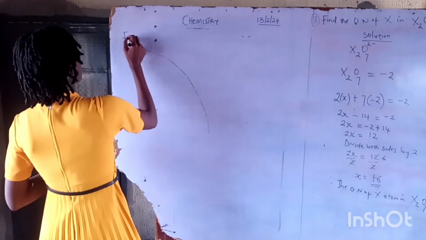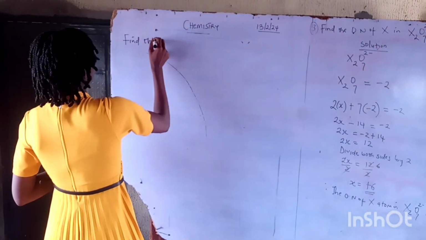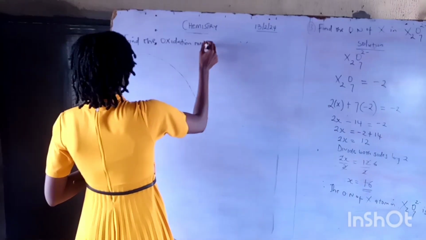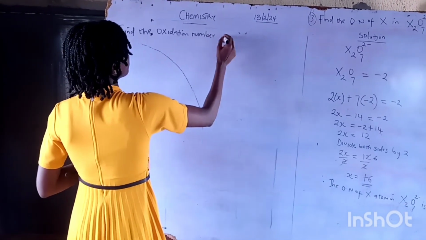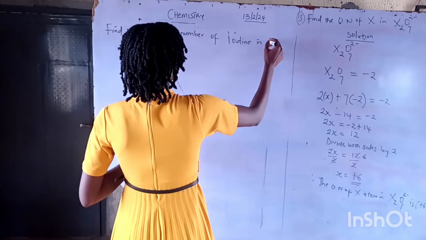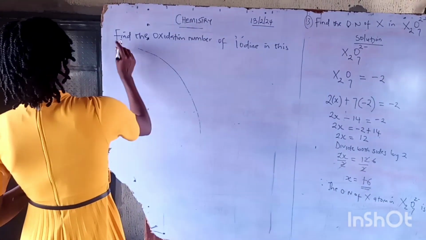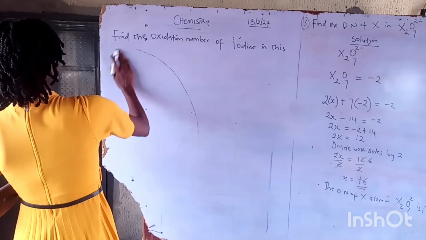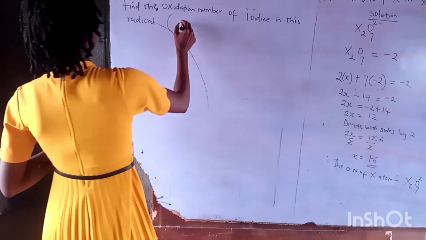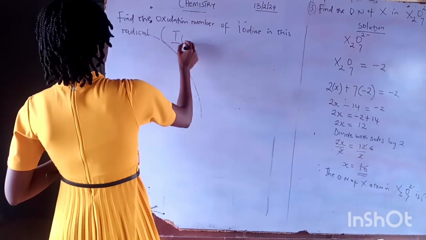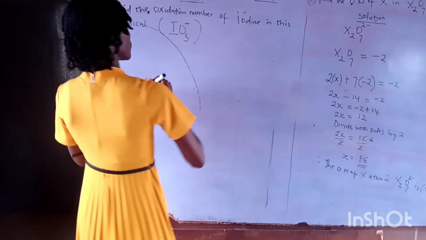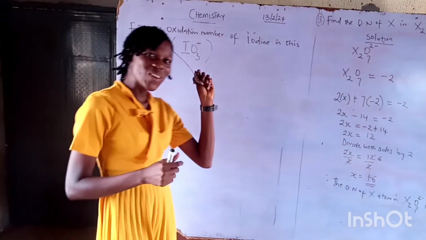The oxidation number of iodine in this radical, and that is this iodine. So solve it, and send your answers.